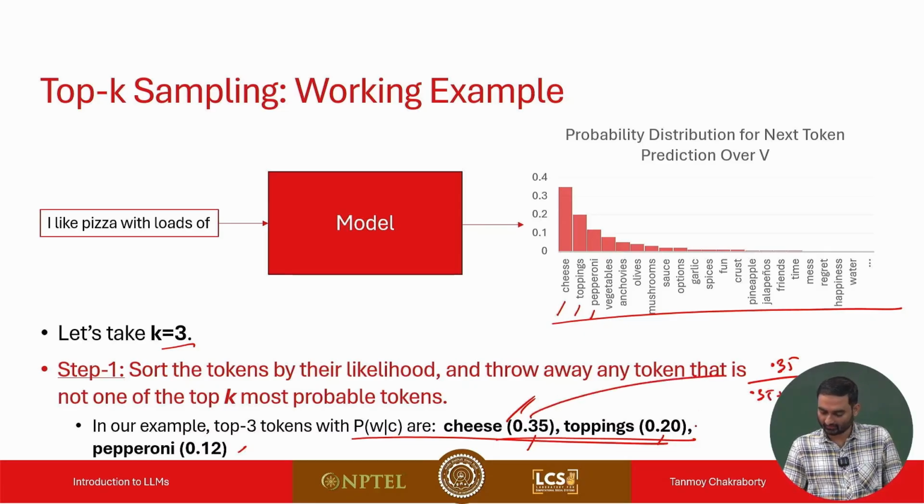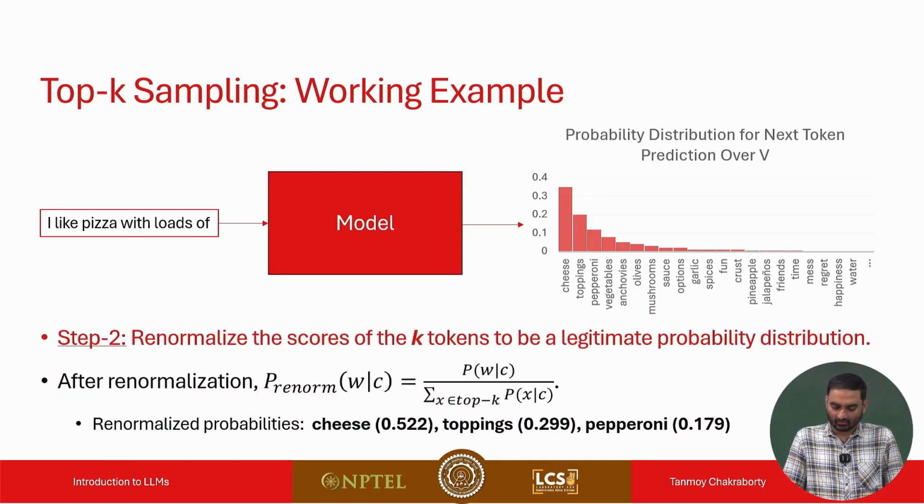For toppings, you can do it in this way or you can do it in a softmax way, which would be exponential, e to the power of this. For toppings, this would be 0.2 divided by 0.35 plus 0.2 plus 0.12 and so on and so forth.